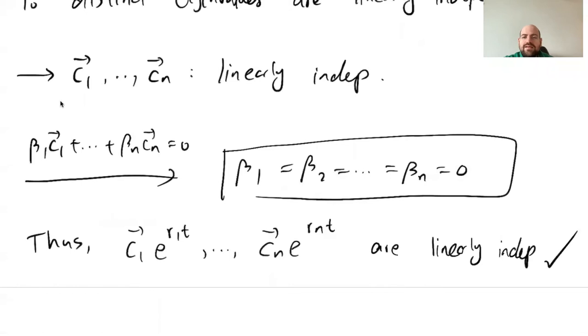It also means that the general solution can be written as a linear combination of these solutions. Once we verify that these solutions are linearly independent, because we have n of them, then every solution can be written as a linear combination of them: a constant times the first solution plus another constant times the second solution, all the way to the nth constant times the nth solution.